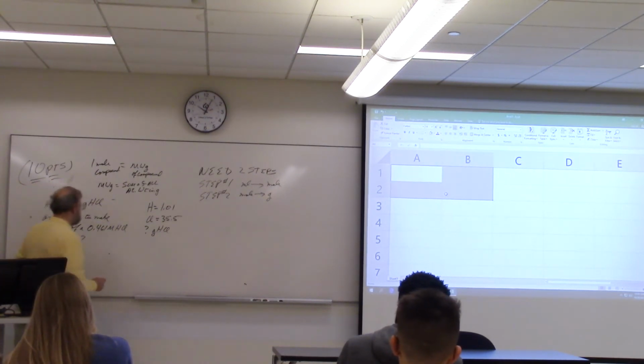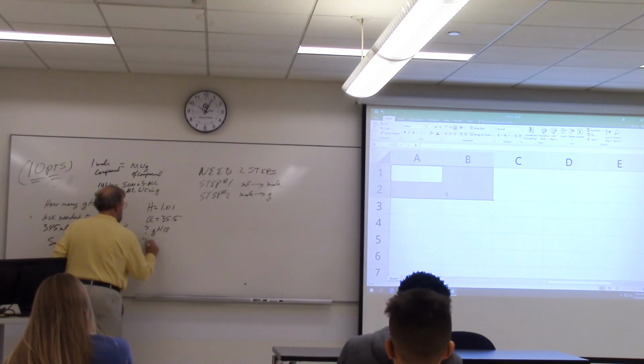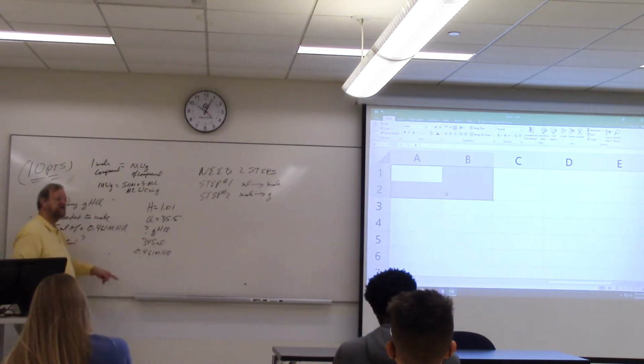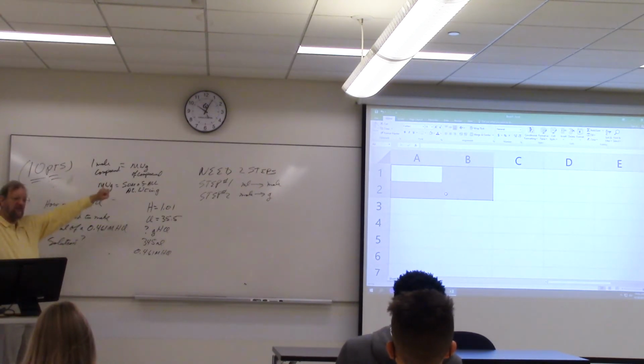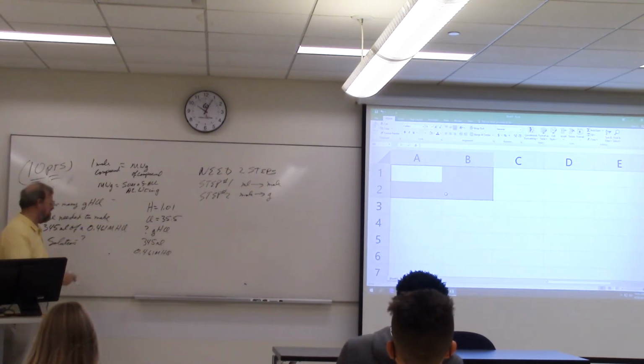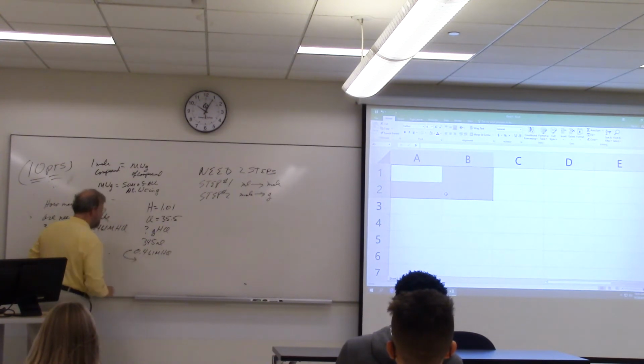We're trying to make 345 milliliters of this 0.461 capital M HCl solution. As soon as I see the capital M, part of my brain says, I know what that means, I'm going to write it down. And I do.